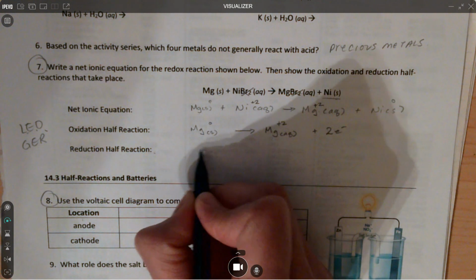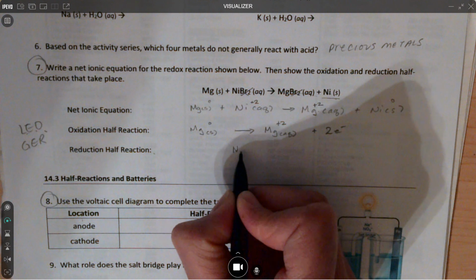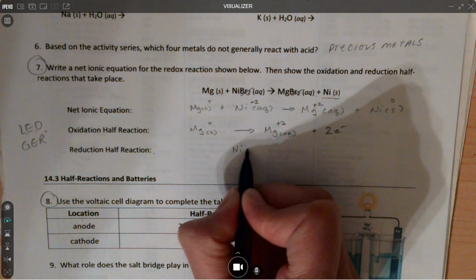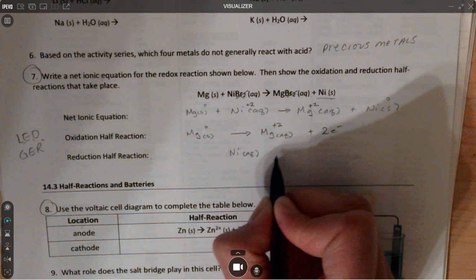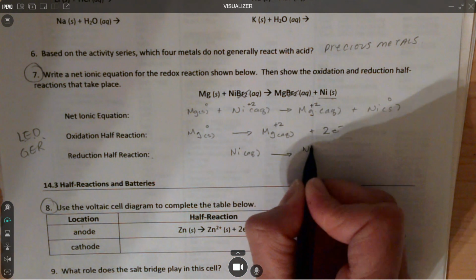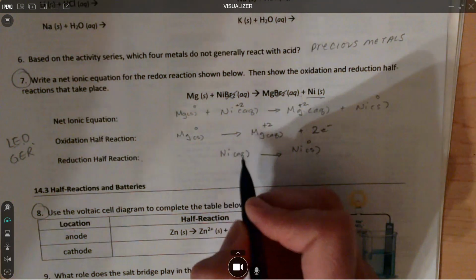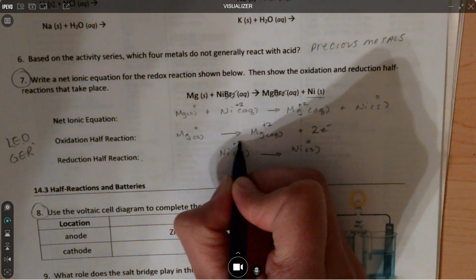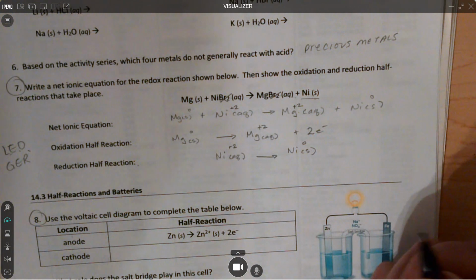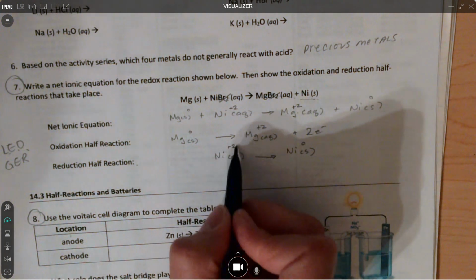So in this one, we're going to have our nickel. I'm going to write nickel right over here. And it's aqueous. And that is going to turn into a nickel solid, right? With the oxidations of 0 and an oxidation of +2. Now the reason I left space here, yep, you figured it out, is because of the 2 electrons.